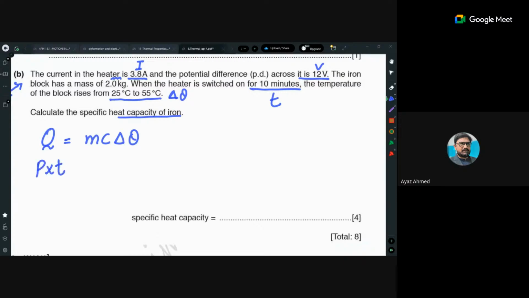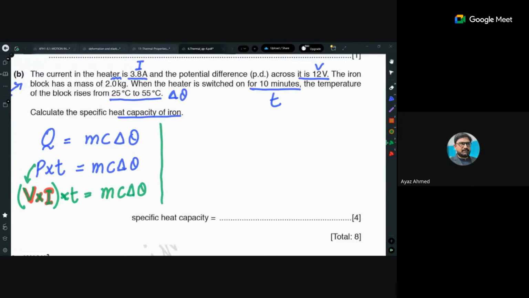Because the electric heater is powered by electricity, electric power can be measured as V into I. If you remember the transformer topic, power was equal to V into I, and energy is V into I into t, which equals mc delta theta.